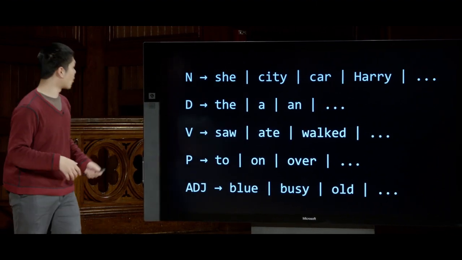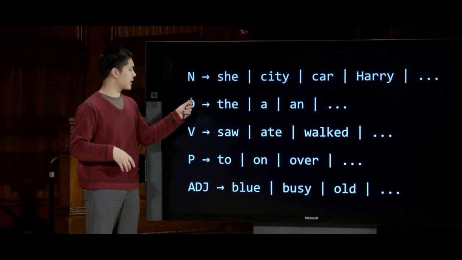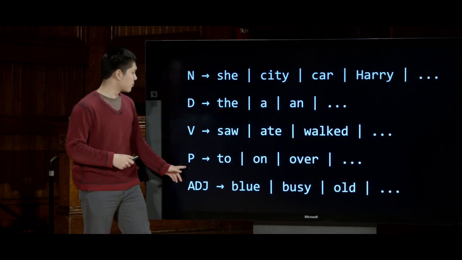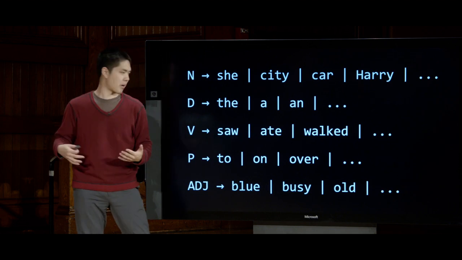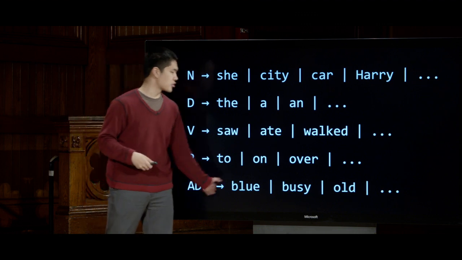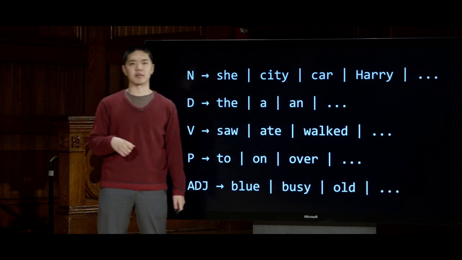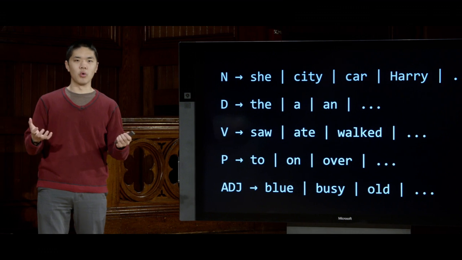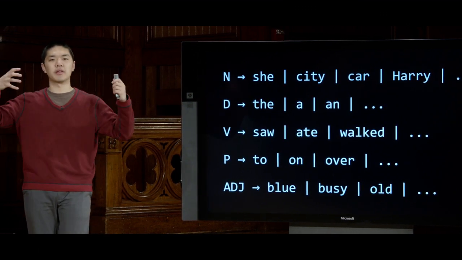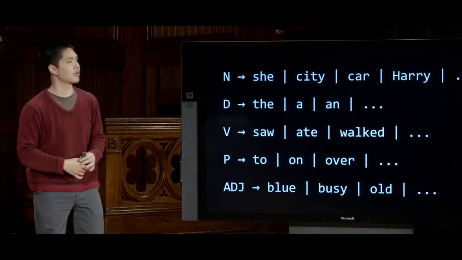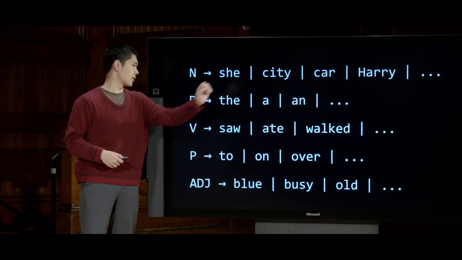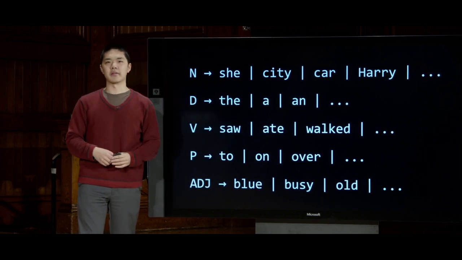Meanwhile, a determiner, D, could translate into "the," or "a," or "an." V for verb could translate into any of these verbs. P for preposition could translate into any of those prepositions, to, on, over, and so forth. And then ADJ for adjective could translate into any of these possible adjectives as well. So these then are rules in our context-free grammar. When we are defining what the structure of the English language or any other language is, we give it these types of rules, saying that a noun could be any of these possibilities. A verb could be any of those possibilities.